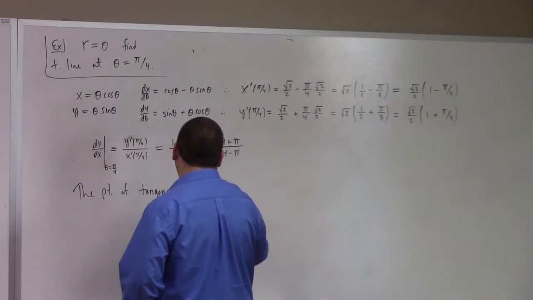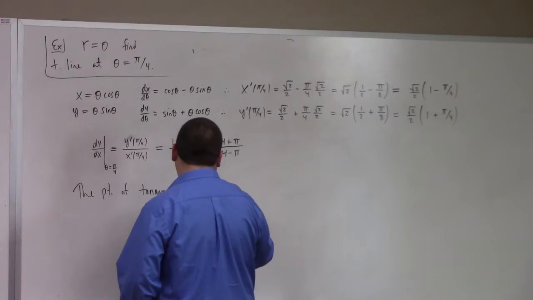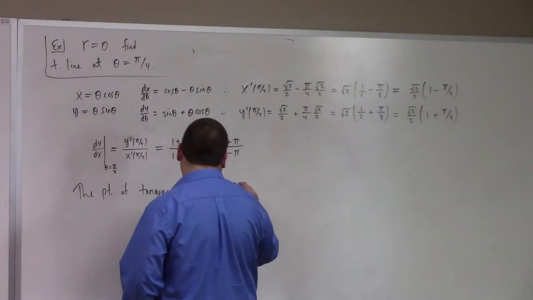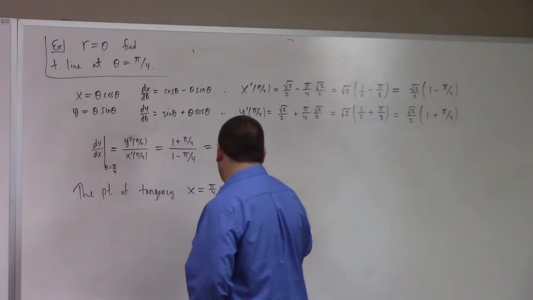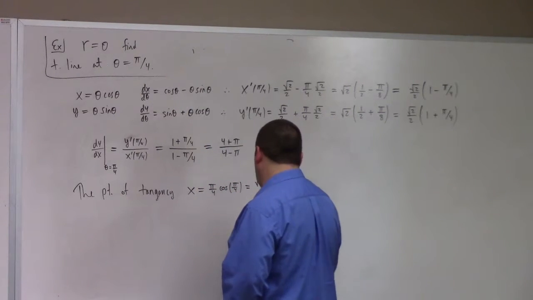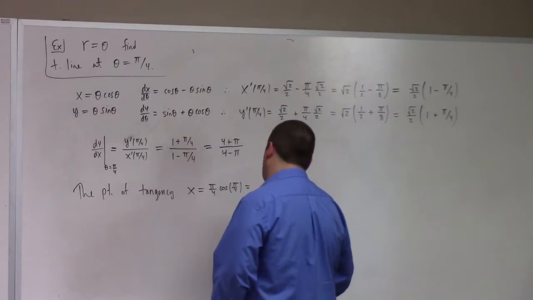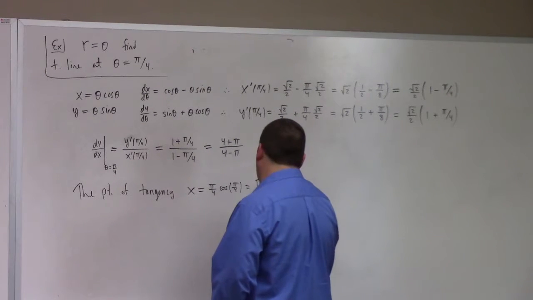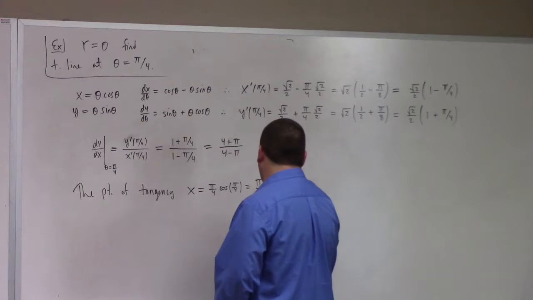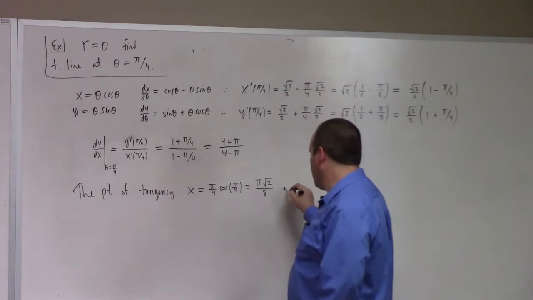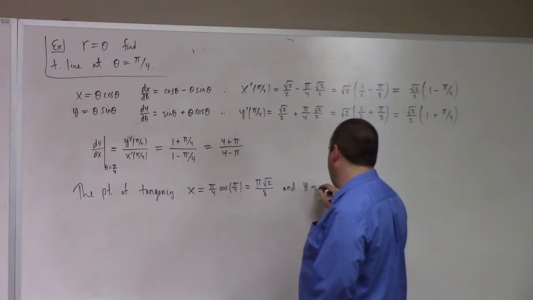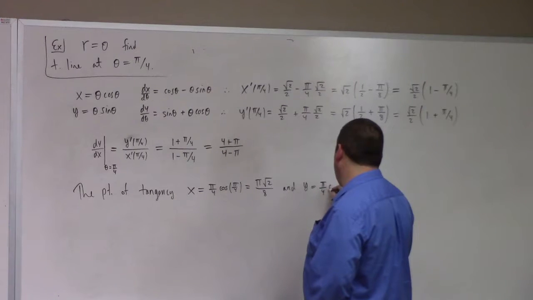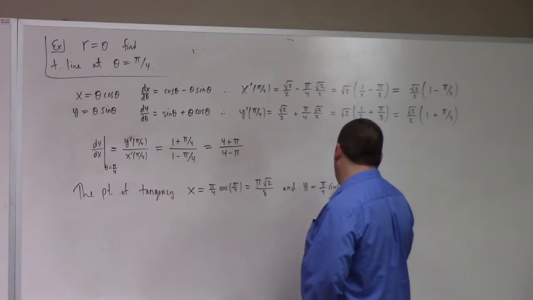X equals pi over 4 times the cosine of pi over 4, right? Also known as the square root of, sorry, brain fading. Pi root 2 over 8. And what's y? Same thing, right?